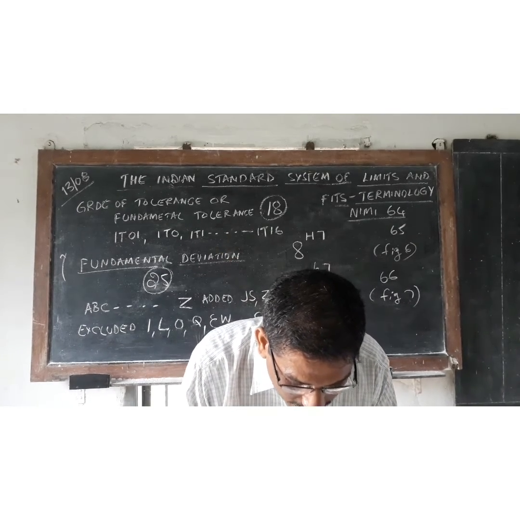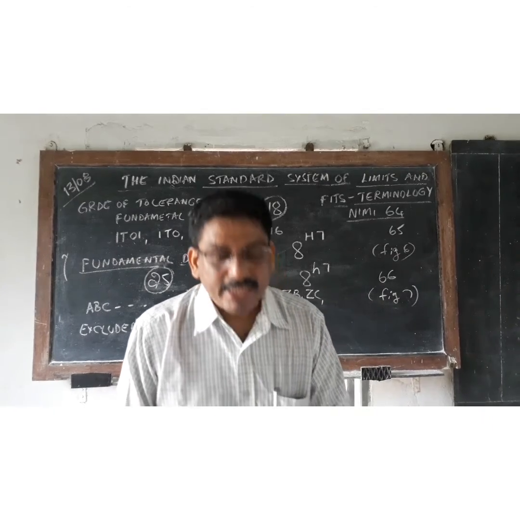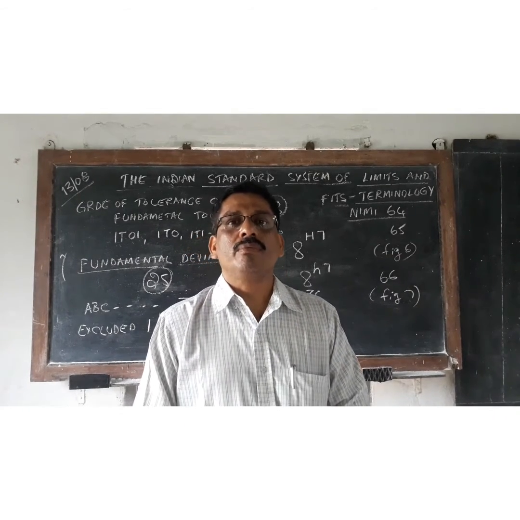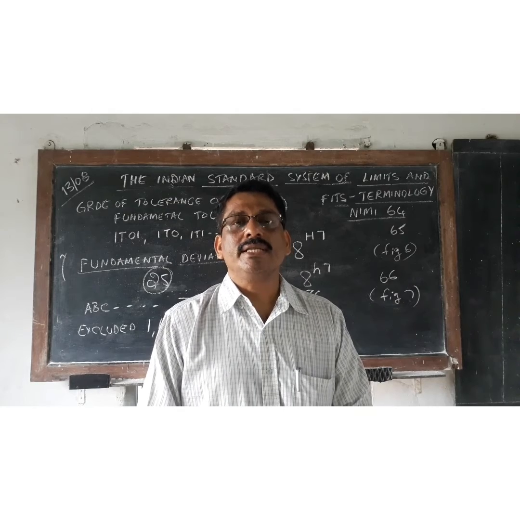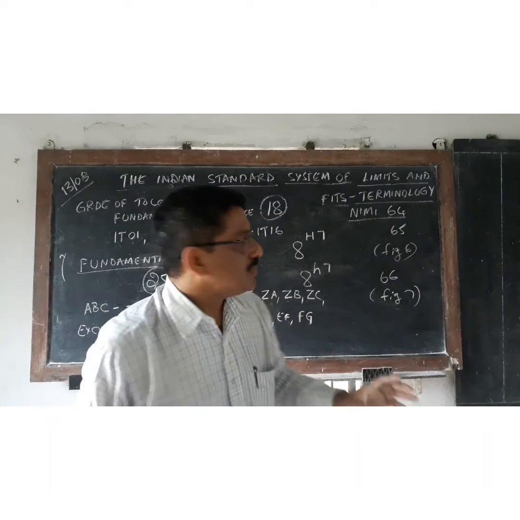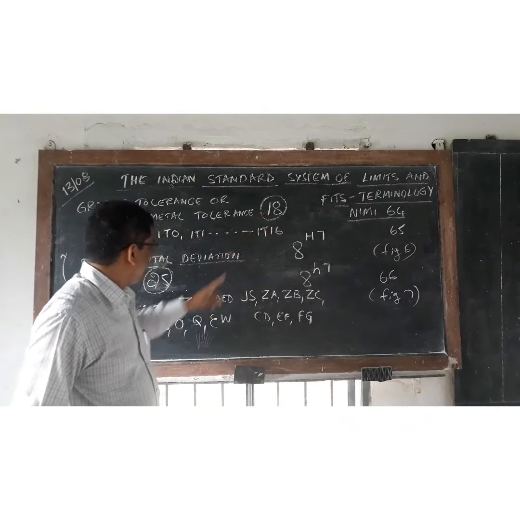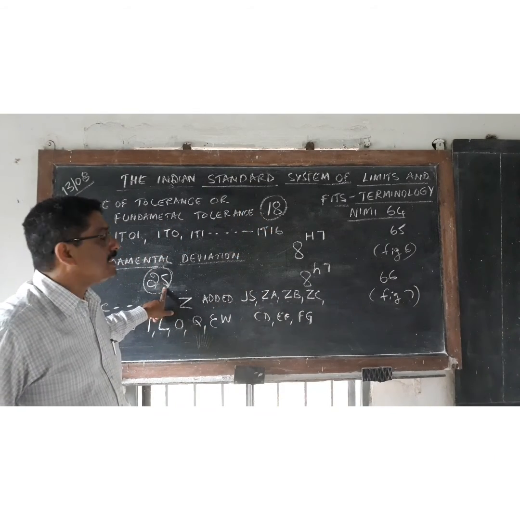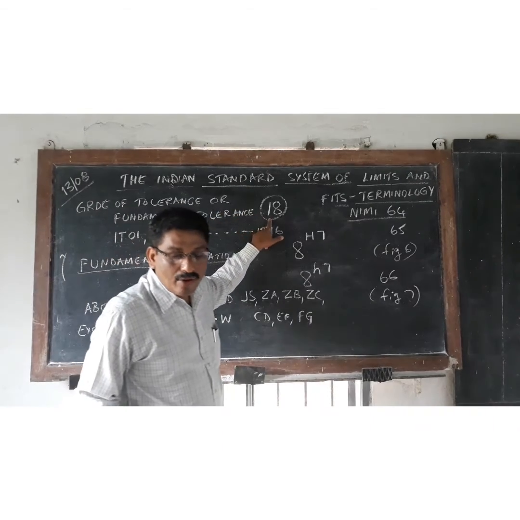Then IT 12 to IT 18 is a coarse tolerance, 0.1, 0.2, 0.3, like that, used for some other purpose. Both of these are exactly given in my 25 fundamental deviations and 18 grades of tolerance.